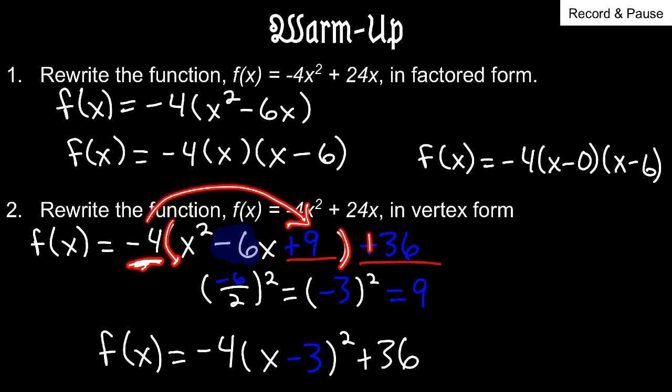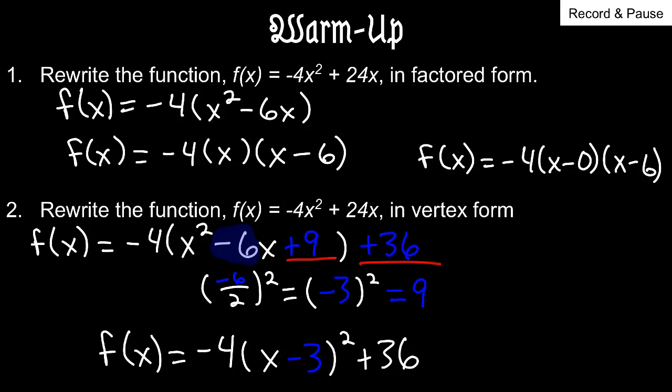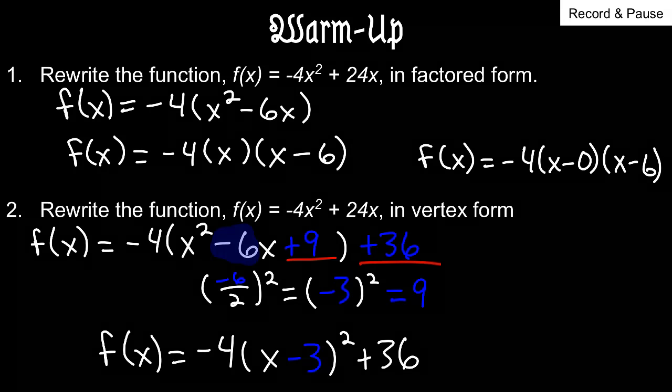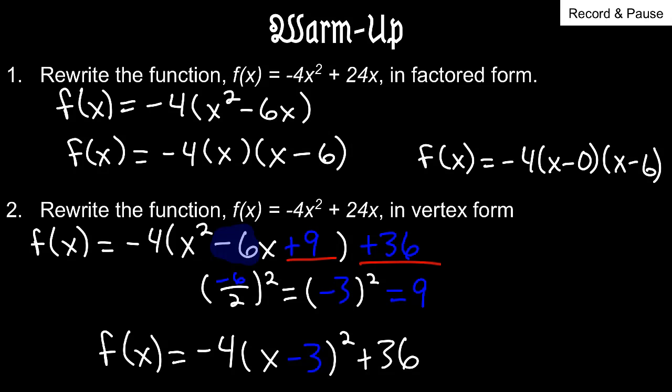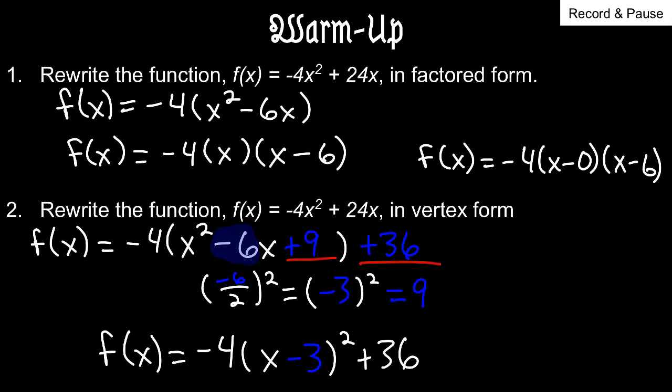So to balance that, we have to add 36. Thanks, Evie, for asking. Let me talk about that in just a moment, okay? Thanks. Any more questions on the warm up?